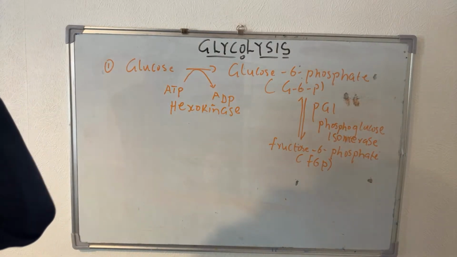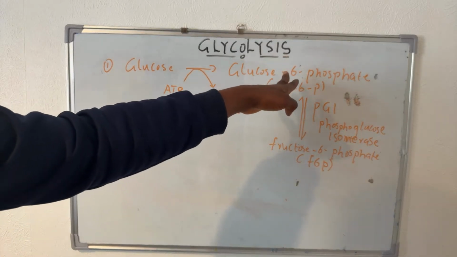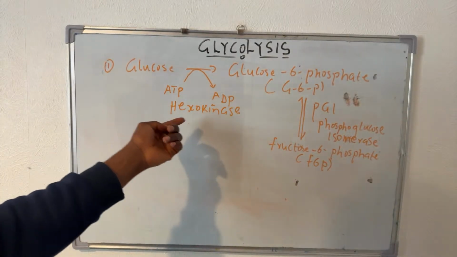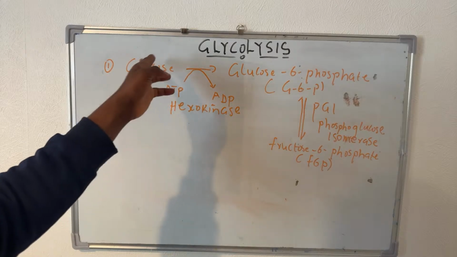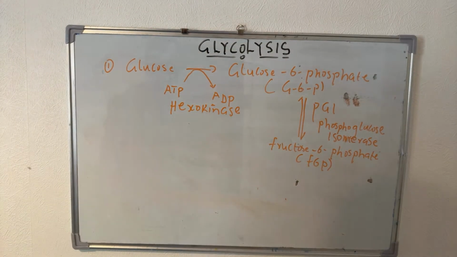What that means is, if there is a lot of glucose 6-phosphate being produced, it will inhibit the action of hexokinase so that more glucose will not be funneled into this pathway.